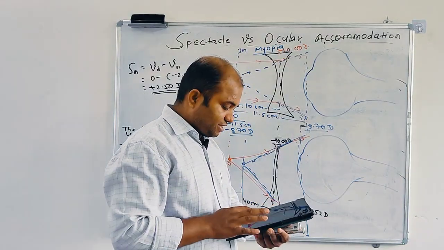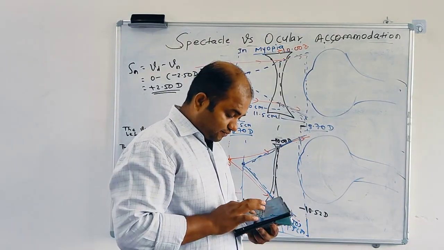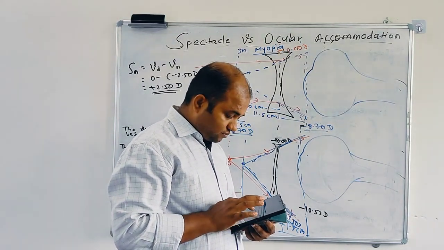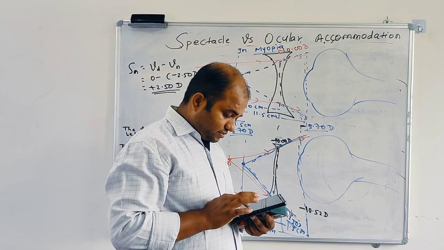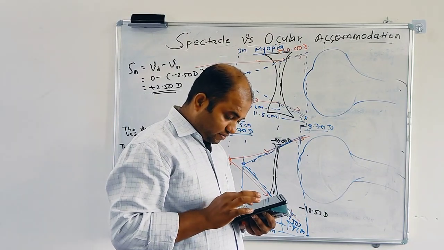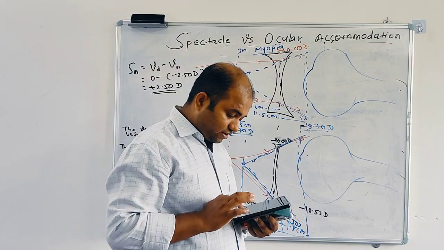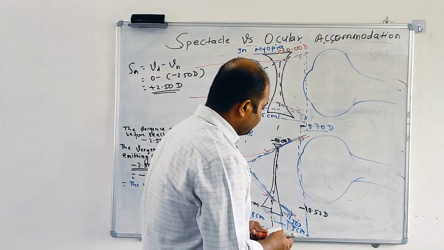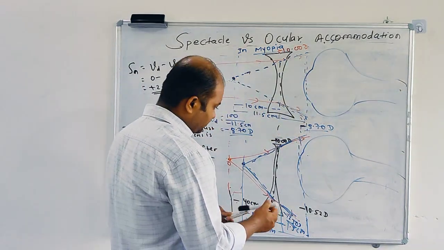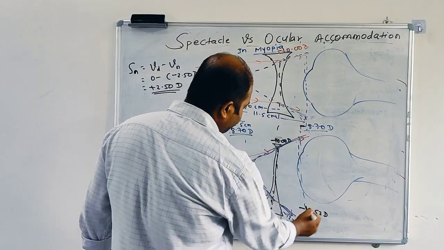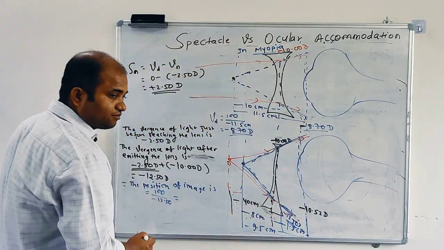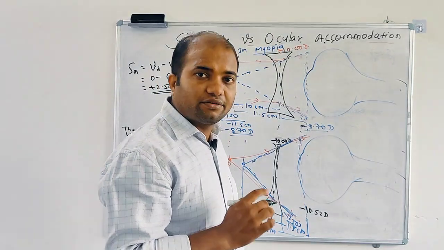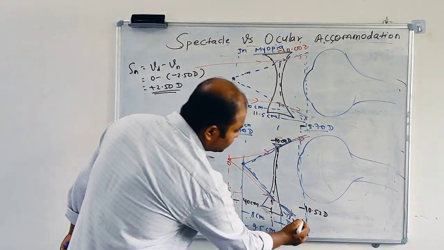How much has it increased? 10.52 minus 8.70, it is 1.82 diopter. So the change in Vergence is minus 1.82 diopter.